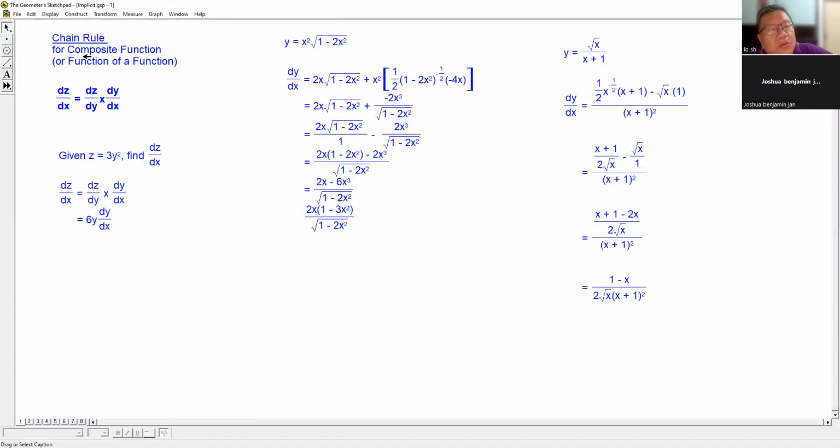Now, this chain rule is the rule we use when we do composite function. When you differentiate a composite function like this, with the square root 1, you differentiate the power, then you differentiate one more time the inside, negative 4x.